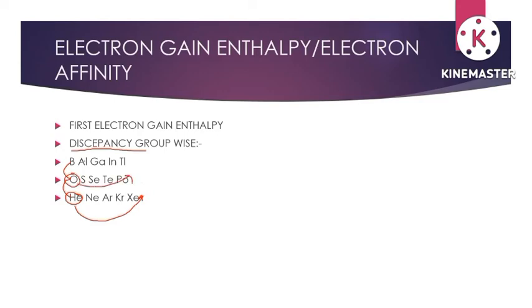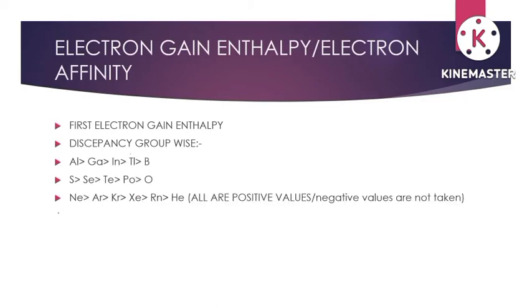Here you can see all these have positive values. Here the negative values are not taken, but here the negative values are taken. Okay, remember this. Just open the groups in p block and compare my orders with them.